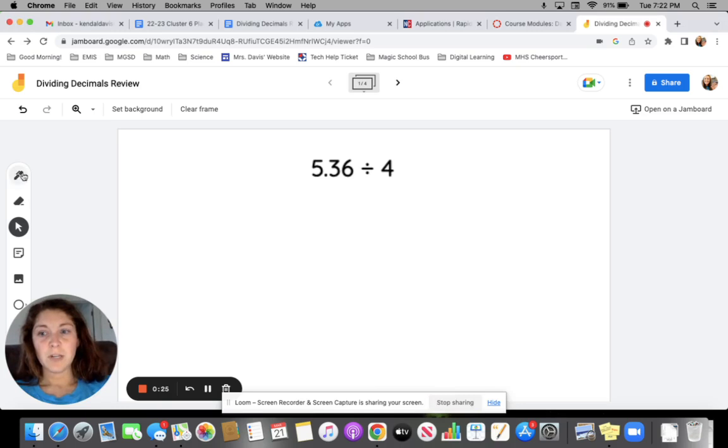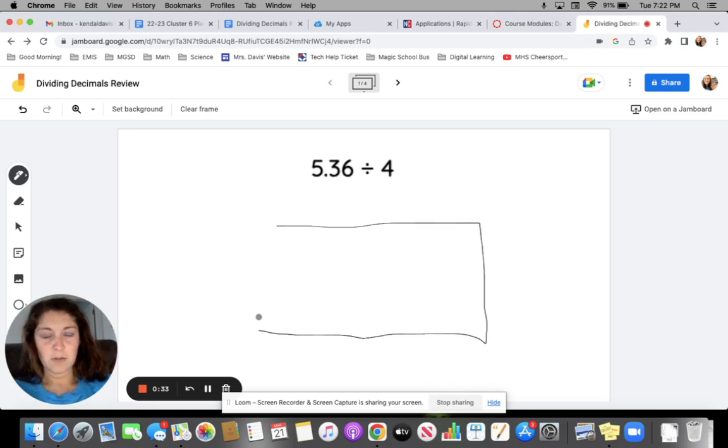So what we're going to need to do is set up our box method here that we've been learning about. And I apologize, it's going to look a little wonky because I'm not used to drawing on a computer. But we're going to go ahead and set up our box. 4 is going to go on the outside.